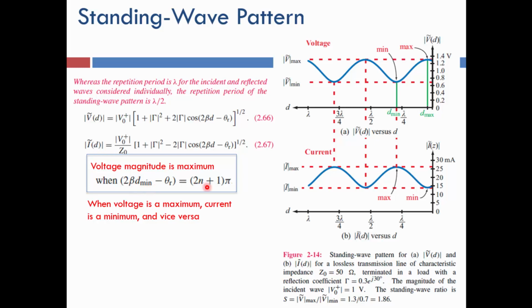The voltage will be minimum if the argument is equal to an odd multiple of pi, 2n plus 1, where n is an integer 0, 1, 2, 3, and so on. According to that, we could consider this position as the position for minimum voltage.